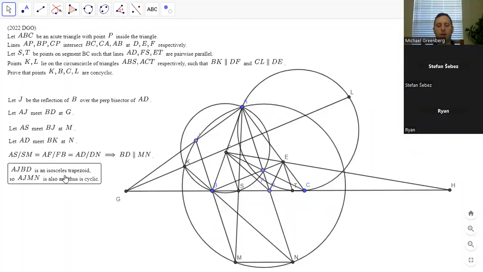Let me remember how to do that. How did you show AJKN was cyclic?